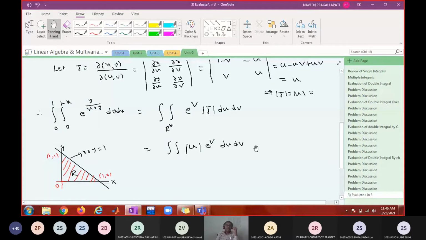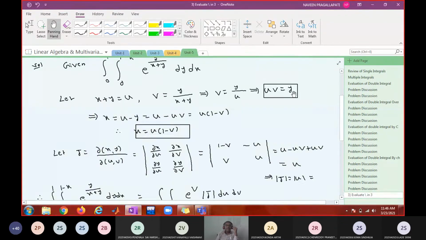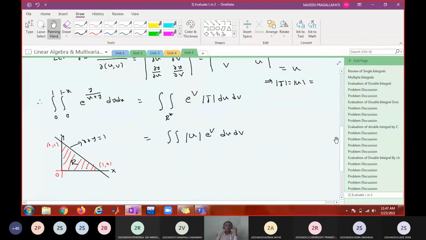When y equal to 0, here I have to write down the u limits of integration, right? When y equal to 0, what is u? You see, we have y equal to uv. y equal to 0 implies uv equal to 0. This implies that u equal to 0.